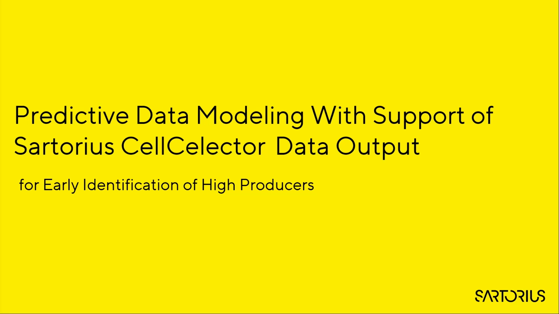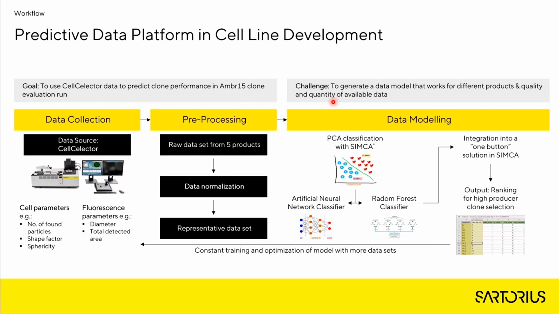So for my part, I would focus on the predictive data modeling that we have implemented with the support of Sartorius cell selector data output for early identification of high producers. So initially, let's have a look at the overall general workflow and pipeline from data collection to data modeling.